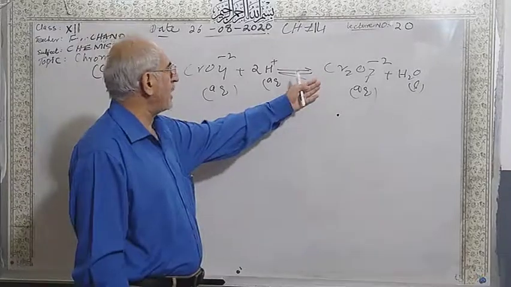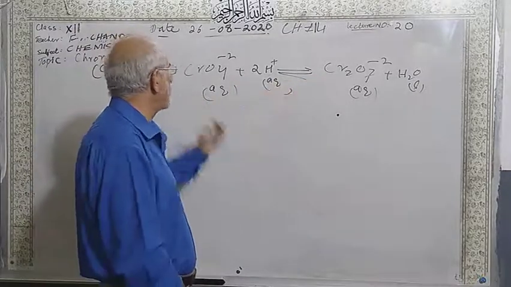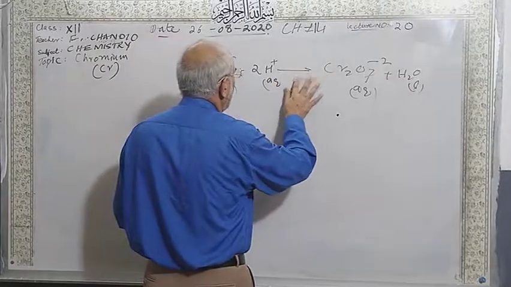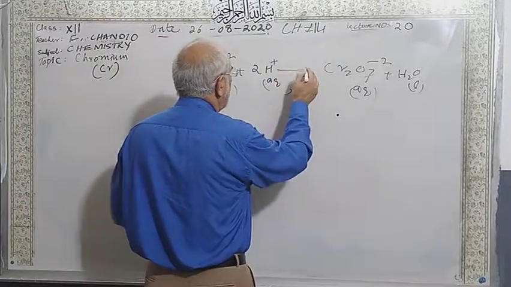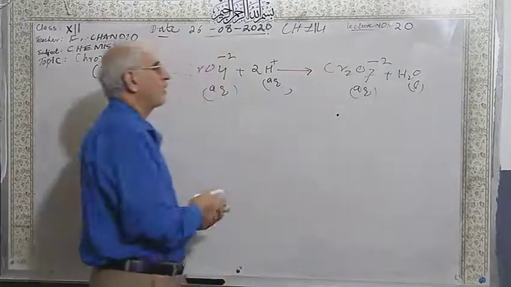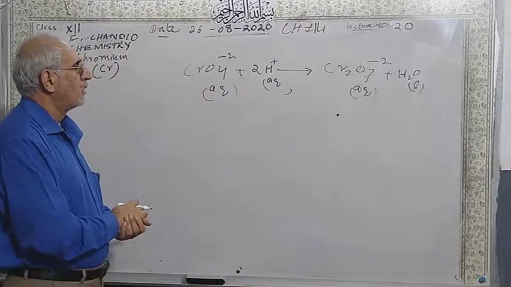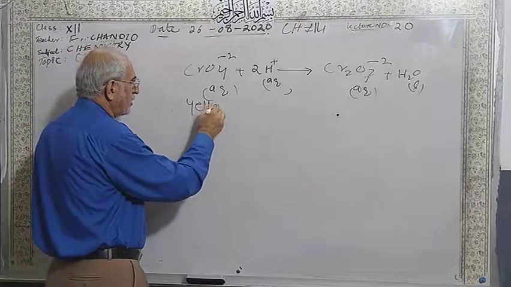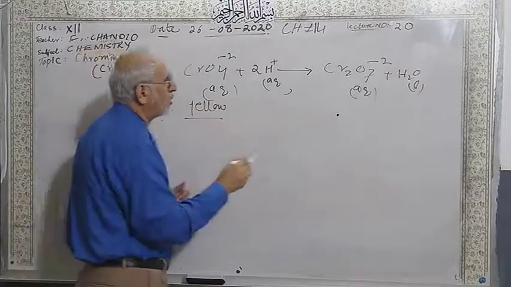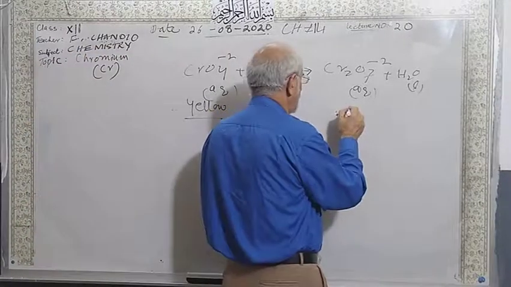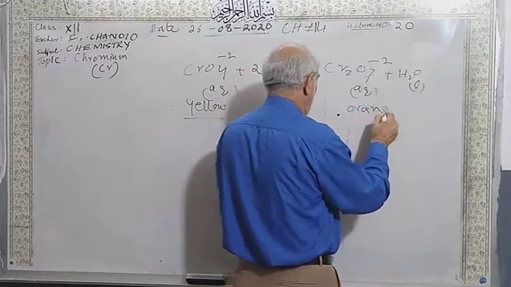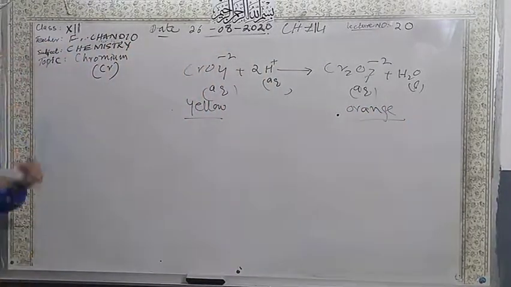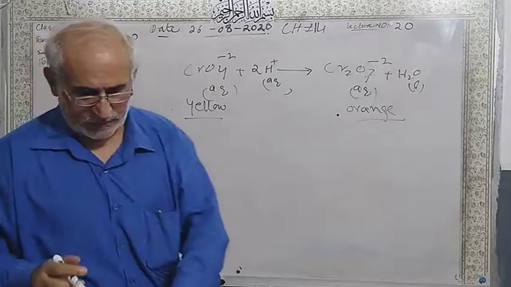If you add a base, then this will be converted back into chromate. So this is bright yellow, chrome yellow, and this is orange. The orange color of dichromate is formed from the chromate. This is the conversion.